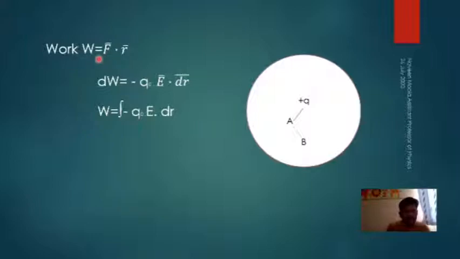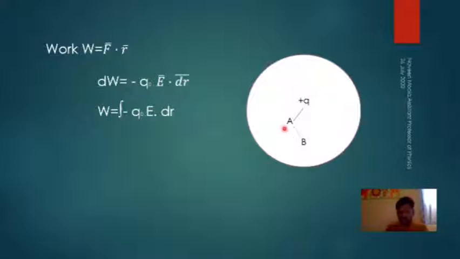We all know work done is equal to the scalar product of force and displacement. In electrostatics, if this is a charge plus q, I'm taking here an example, plus q. Surrounding this point charge, we have a non-uniform electric field, because at each point the electric field is changing.